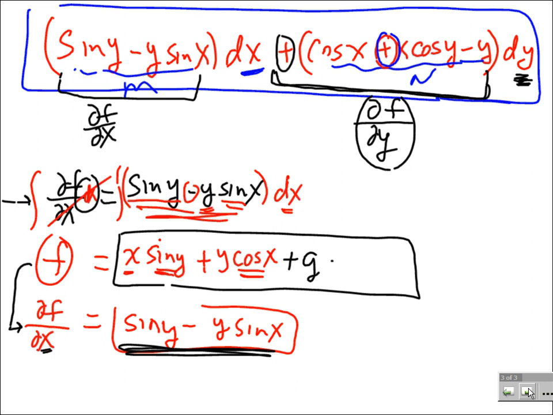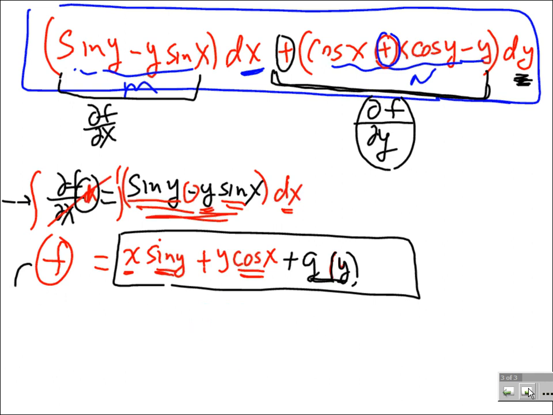Now, if the constant is a function of y, then when I take the derivative of it, it's just going to be 0. So the constant of integration, we'll always call it the g function, is g of that other letter. If I'm integrating with respect to x, then I can have a function of y.